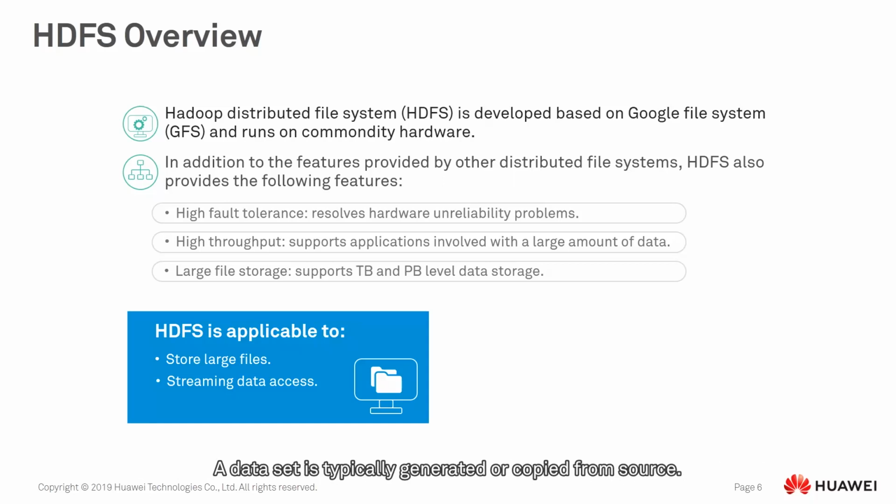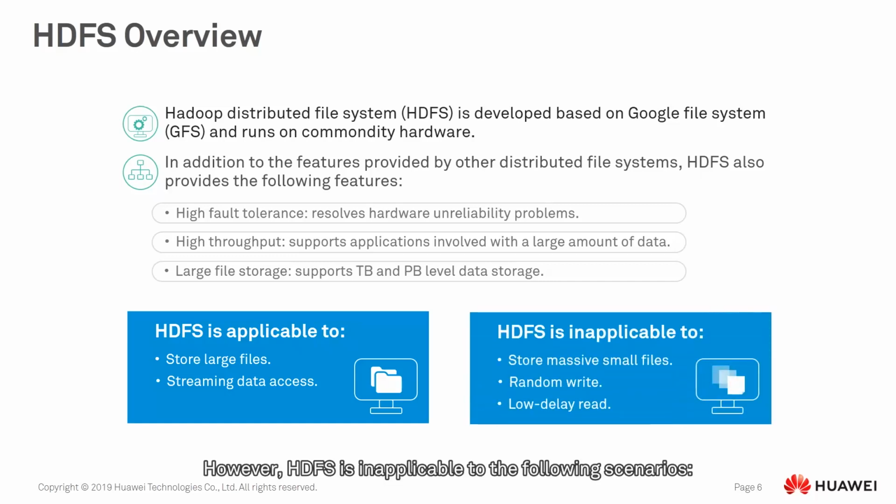A dataset is typically generated or copied from source, and then various analyses are performed on that dataset over time. Each analysis will involve a large proportion of the dataset, or maybe the whole dataset. So the time to read the whole dataset is more important than the latency in reading the first record.